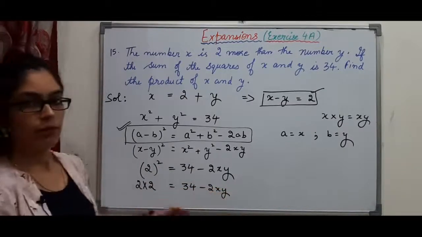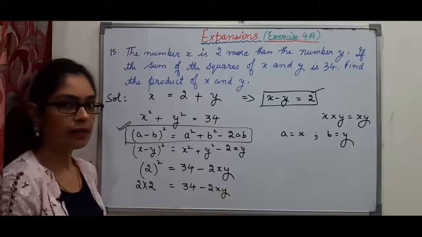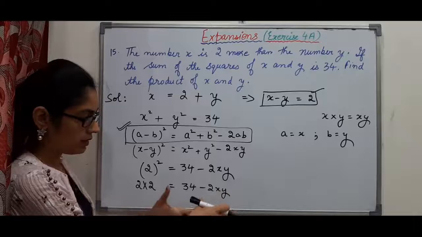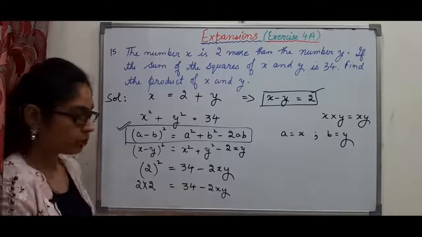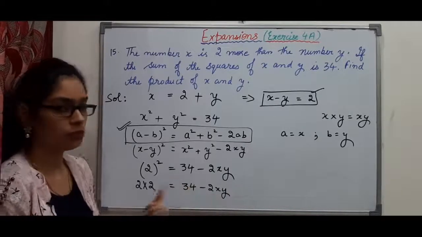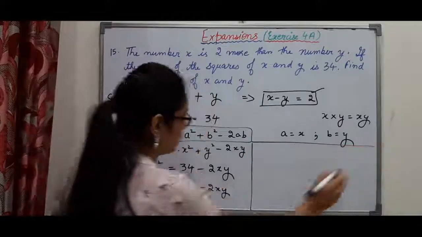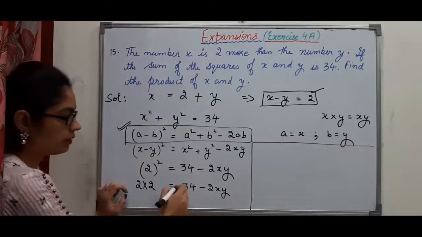See, whatever we have to find, that we will keep on one side, and all the remaining terms we will shift to the other side. So xy we just have to keep. The remaining terms, we have to shift 34 and also 2. So step by step we will start shifting. First we will shift this 34.